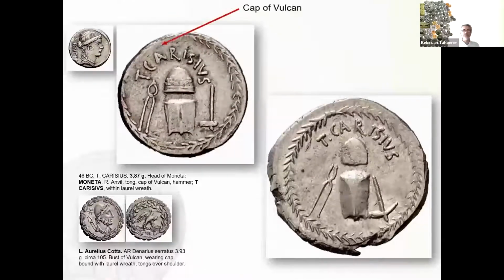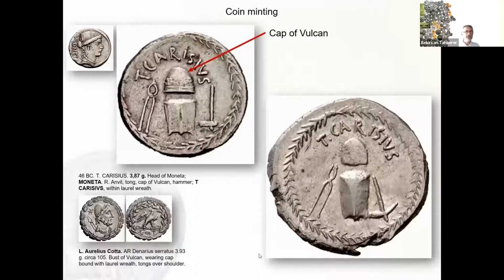And this is the second most interesting group for me, the coin minting apparatus on the reverse of the coins of Carisius. Due to the wreath around the cap of Vulcan, it is identified as the cap of Vulcan, but I see some examples without any wreath.